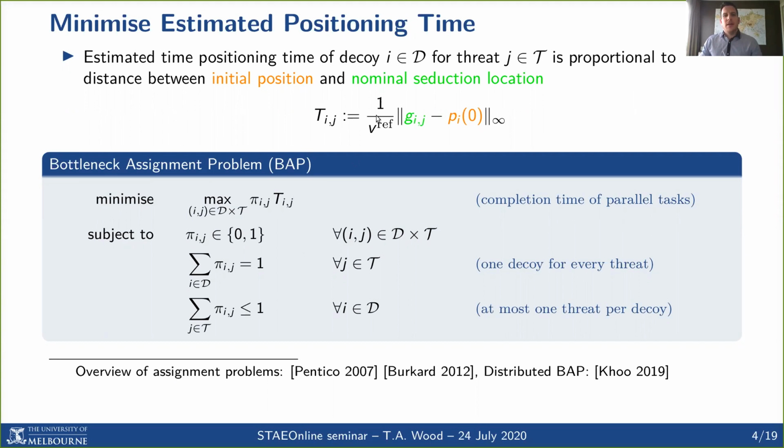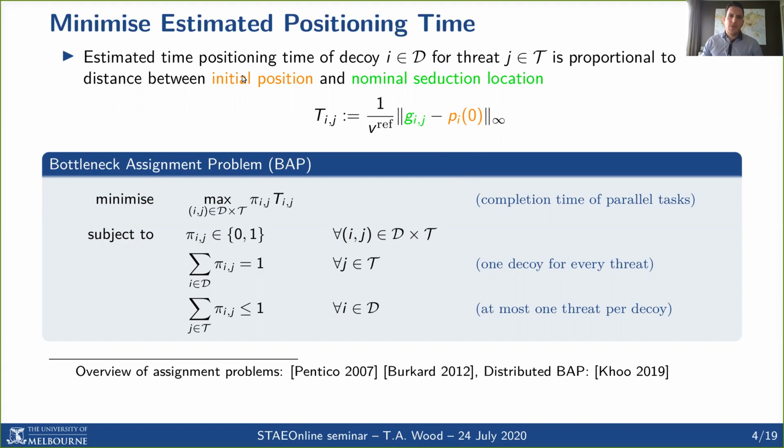Then the time it will take for a decoy to start seduction, if we assume a constant reference velocity for all the decoys, will be proportional to the distance of the decoy's starting position to this destination where we are confident that we can seduce the threat. So this can be thought of as the cost of an assignment.